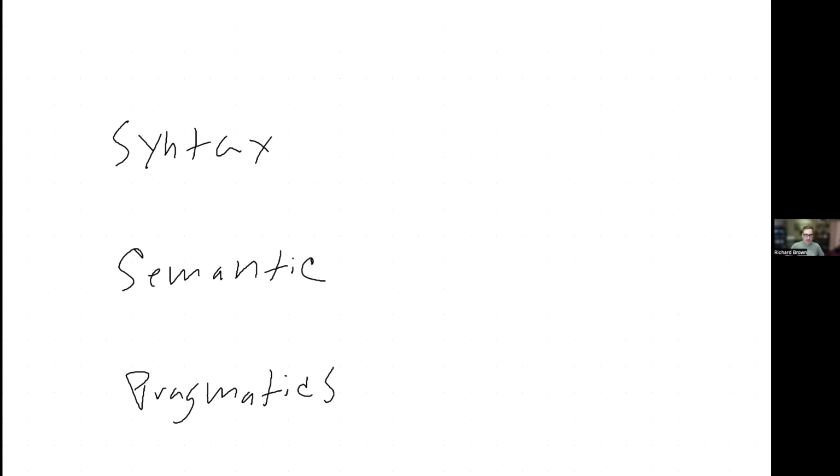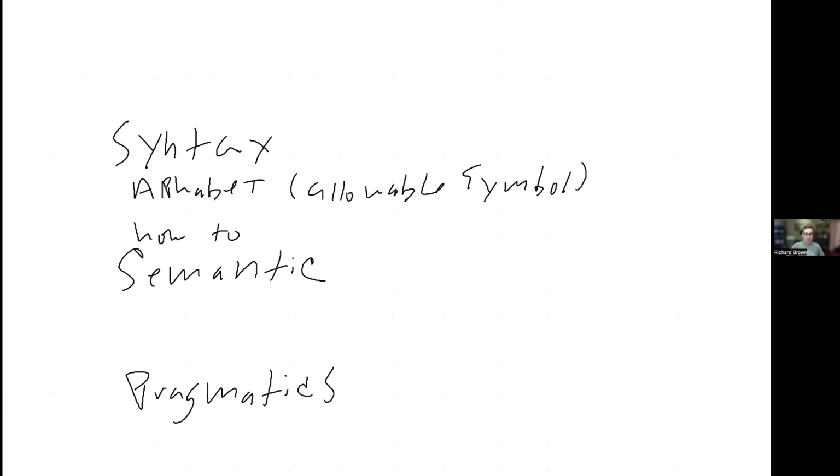So the syntax as we're using it tells you what alphabet you can use, the alphabet, which are the allowable symbols, and then also how to form what we call well-formed formulas, abbreviated WFFs, and I don't make this up.